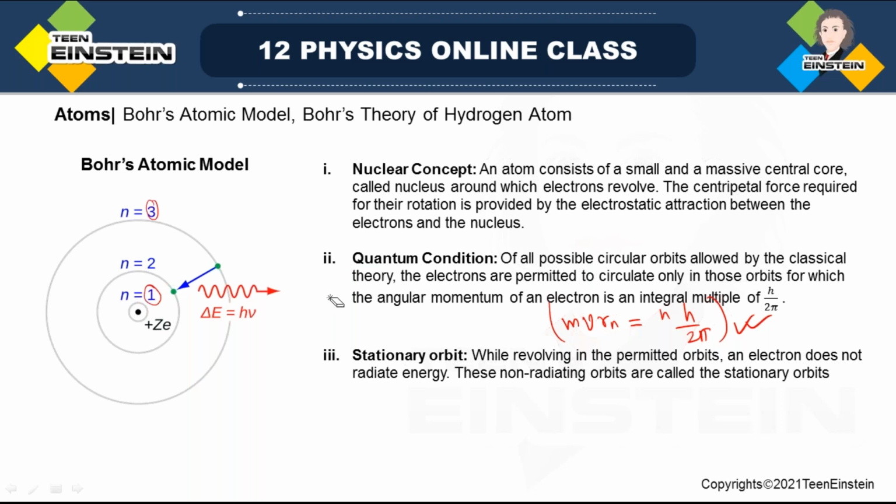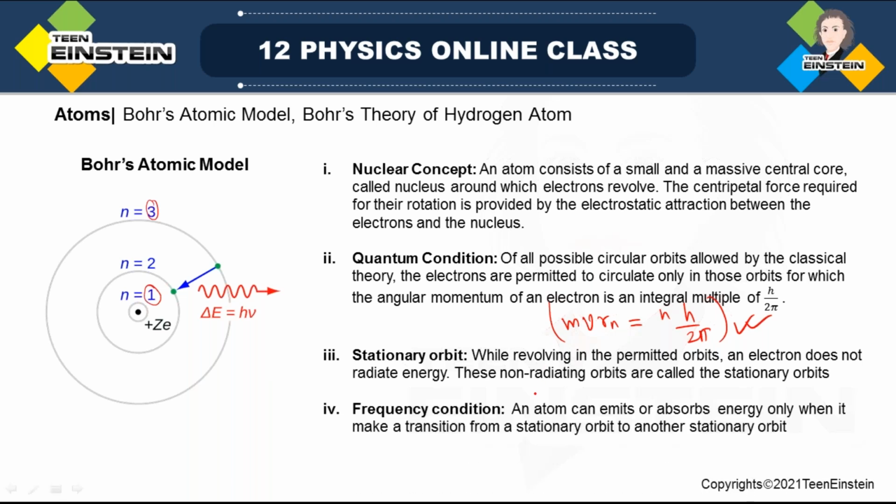But what was the other drawback, the other phenomenon which Rutherford's atomic model could not explain? That was the discrete atomic spectra. That is explained by the fourth postulate of Bohr's atomic model.